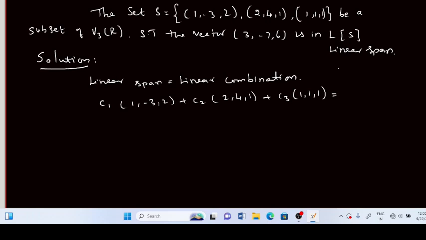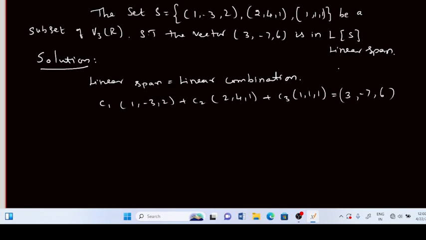If we add these, with C1, C2, C3 multiplied with the vectors, we must get the answer (3, -7, 6). What is the combination of these values C1, C2, C3 that satisfies this? That is linear span.